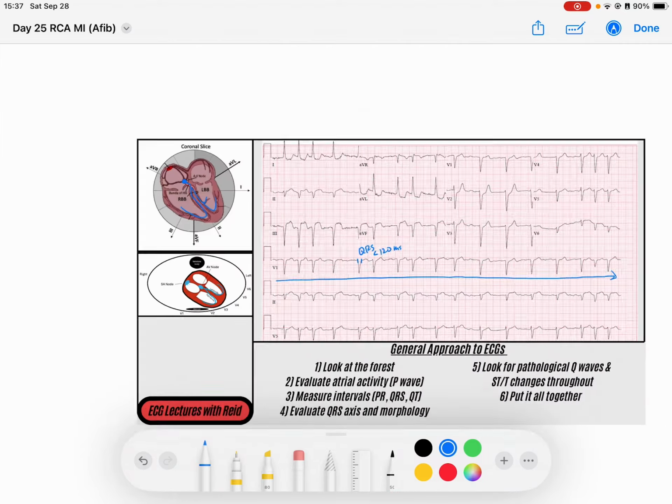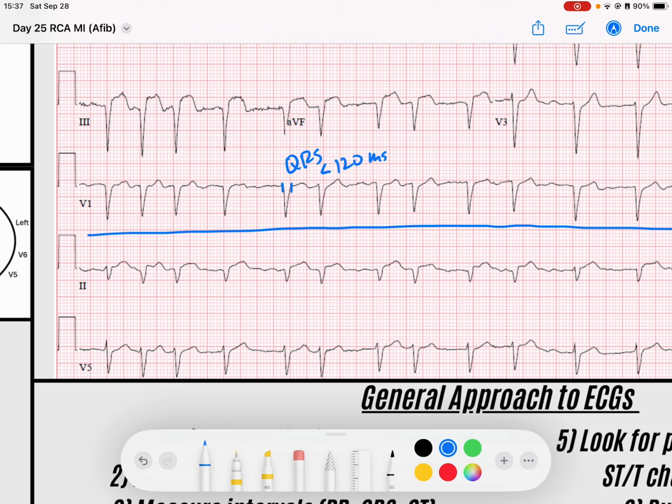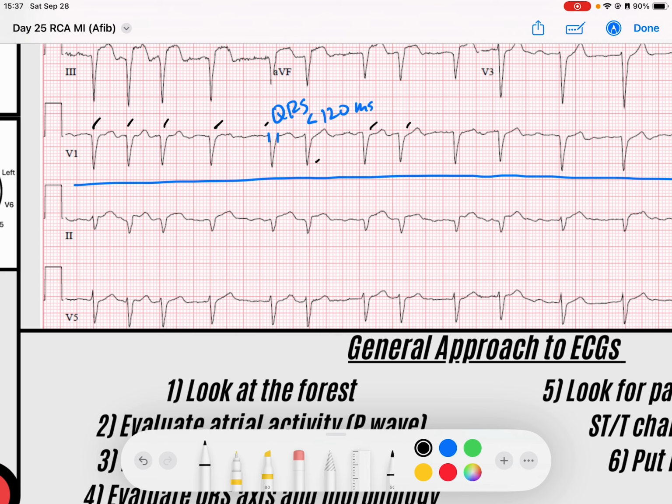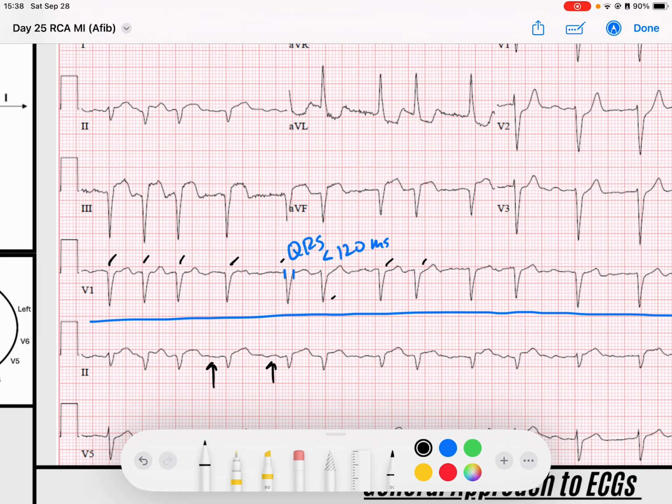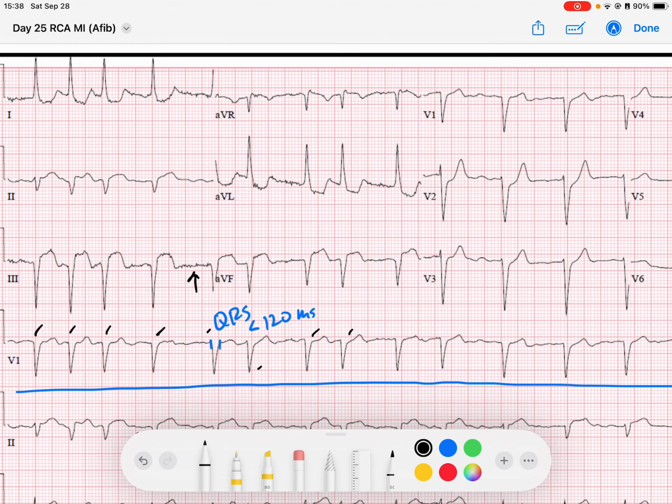And that tells me that my QRS complex is coming at least from my AV node down the His-Purkinje system. But if I look at the rhythm itself, it seems to be quite irregular, right? There's some shorter ones, some longer ones, short, long again. So it's kind of all over the place. And when I look for atrial activity in front of these QRS complexes, I don't see any distinct atrial activity.